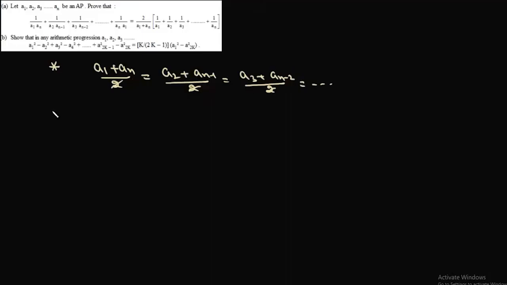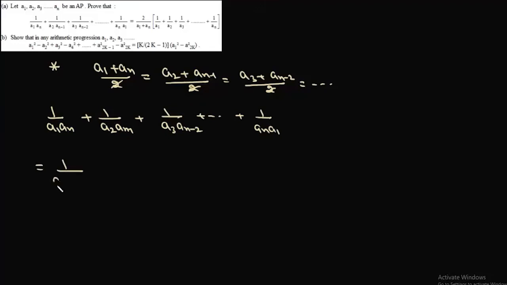Now we'll take this series, which is 1 upon a1an plus 1 upon a2a(n-1), 1 upon a3a(n-2) up to 1 upon ana1, and what we'll do is we'll multiply and divide everything with a1 plus an. So we'll write 1 upon a1 plus an, and we'll multiply everything with it.